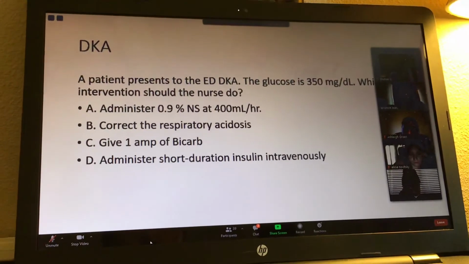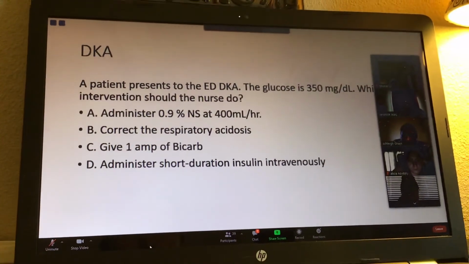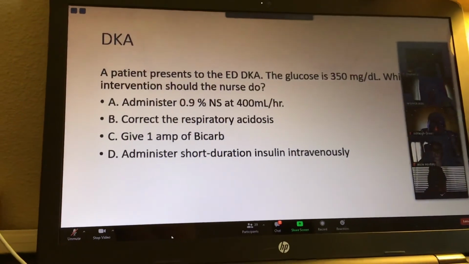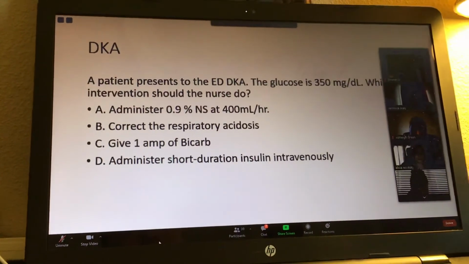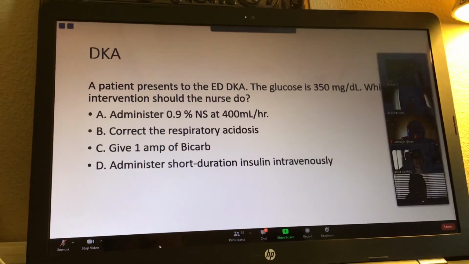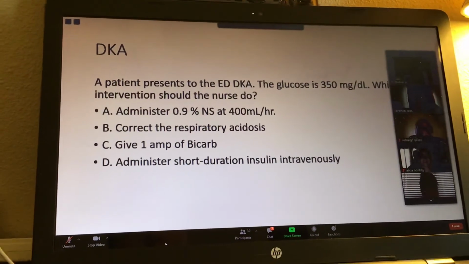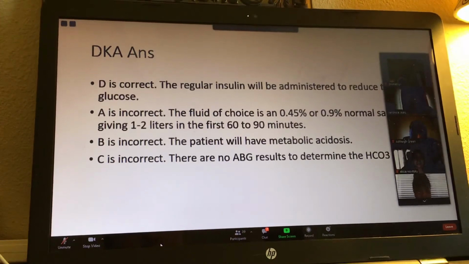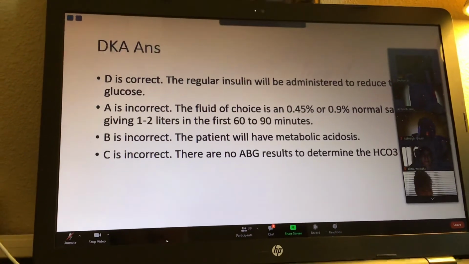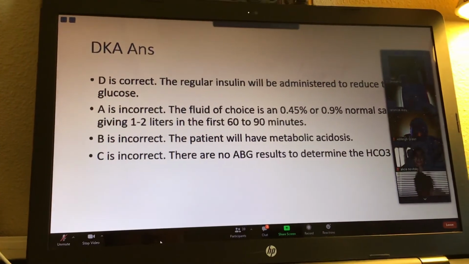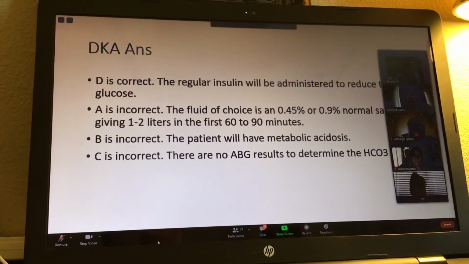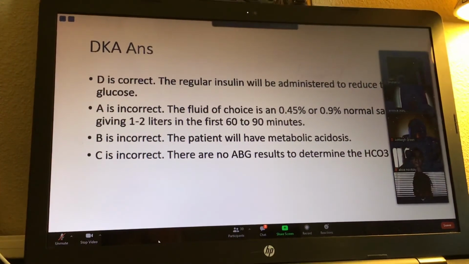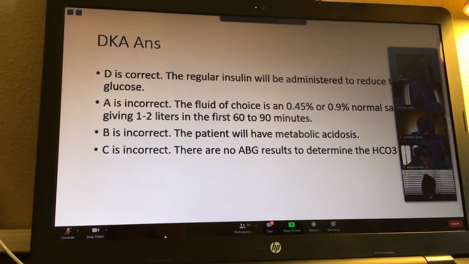Anyone wants to answer? D. Is she correct, guys? Yes. Okay. All right. So that would be correct. A is incorrect. The fluid of choice, in how much you would give. Let me see.